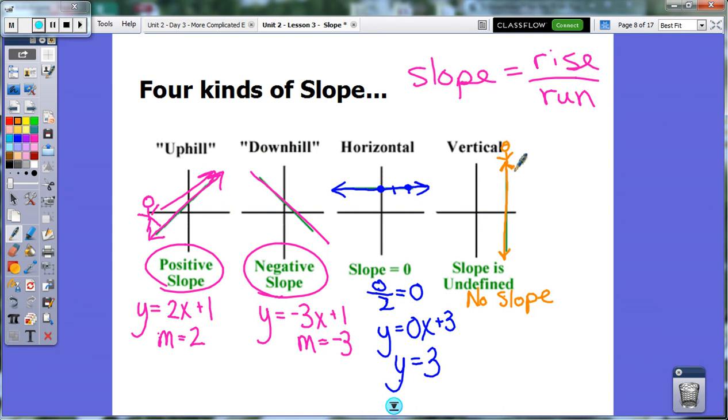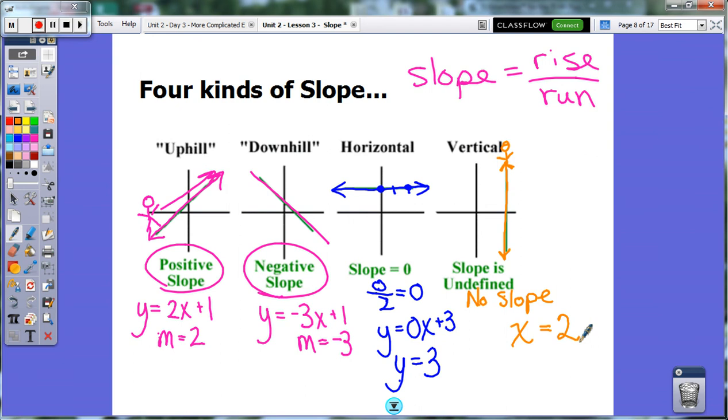Because you can't ski down a vertical line. So it has no slope. It is undefined. It is not possible. I mean, it's possible because it's a vertical line, but it's no slope. So the equations here are going to look like x is equal to a number. And we'll come back to that more.